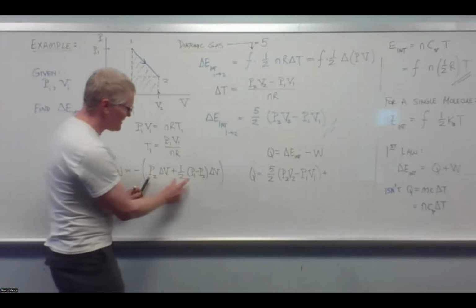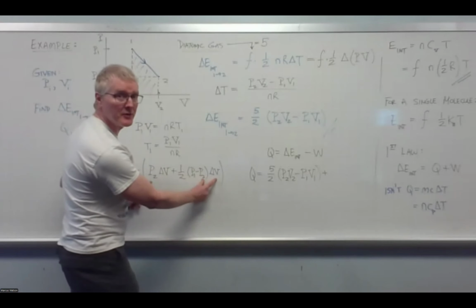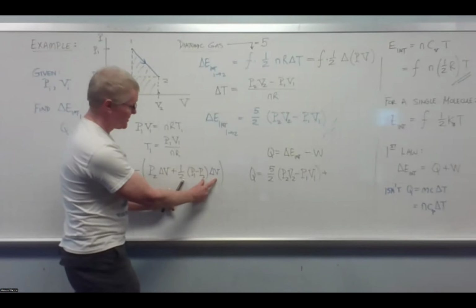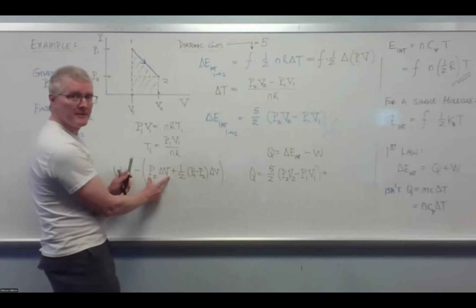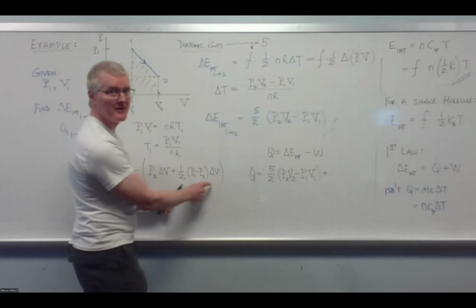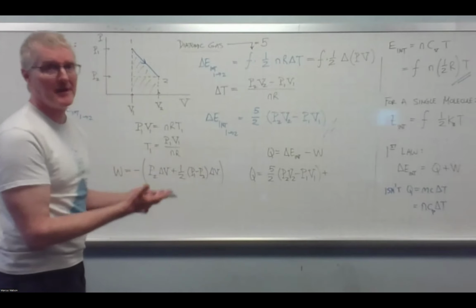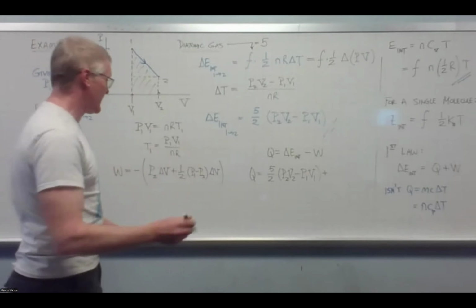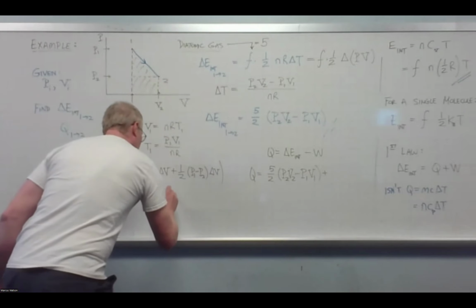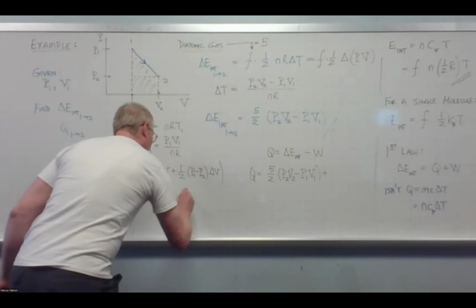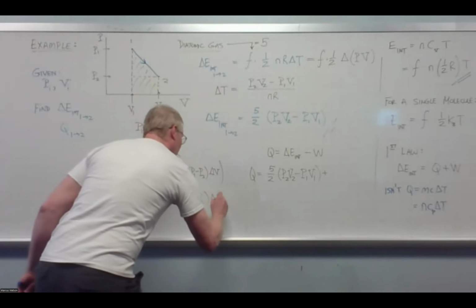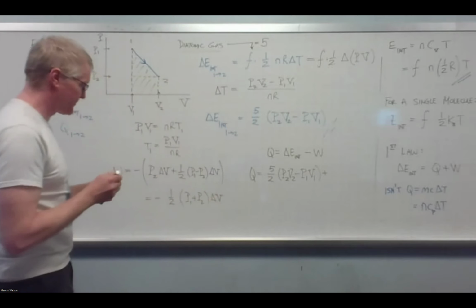P2 times delta V. I have a P2 times delta V over here. It's negative, and it also has a 1/2 on it. So I've got 1 P2 delta V minus half P2 delta V. So that leaves me with half of P2 delta V. That means I can make this equal to negative 1/2 (P1 plus P2) times delta V. Like that.